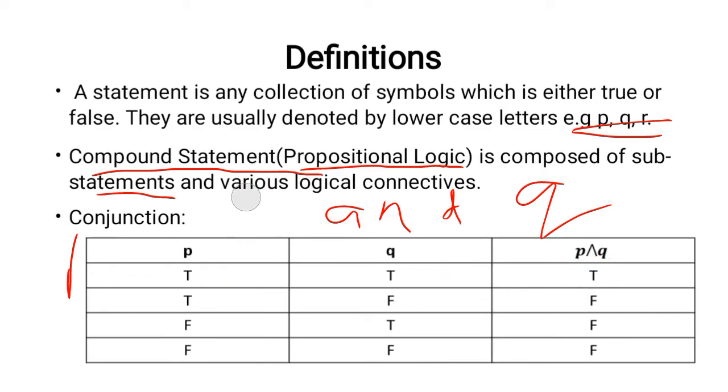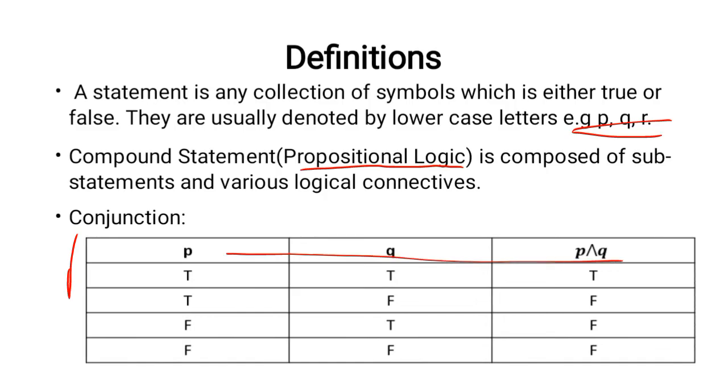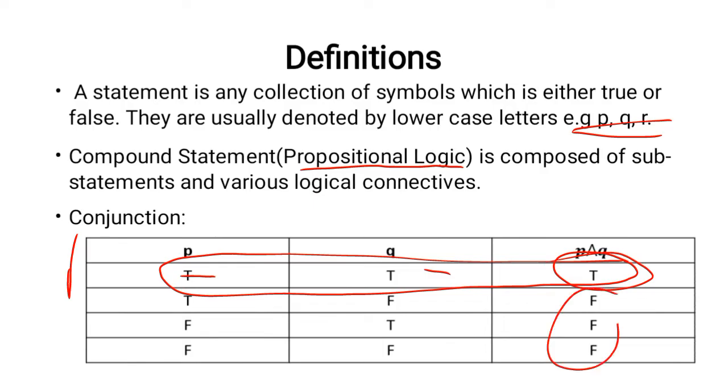Just know the table by heart: for a conjunction, the "and" statement, it is only true whenever both statements are true, as you can see here. It's only on the condition that both statements are true that connecting the two statements will give a final answer of true. Every other case will be false for the conjunction statement, which is symbolized here, and in letter form it is called "and". Okay, so that's what you need to know about the conjunction. So remember, both statements true means your final answer will be true, else it will always be false.